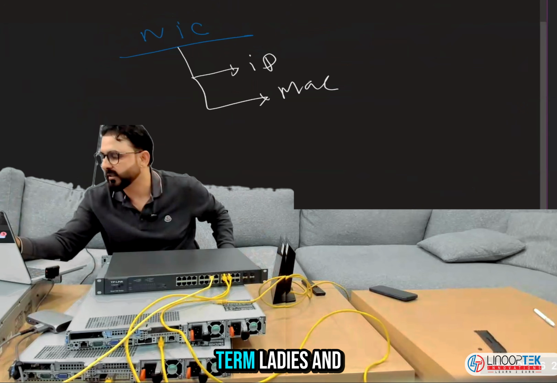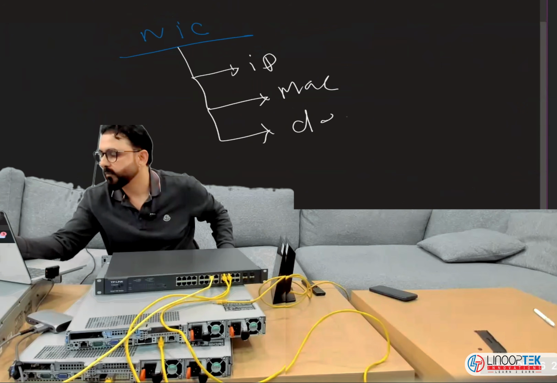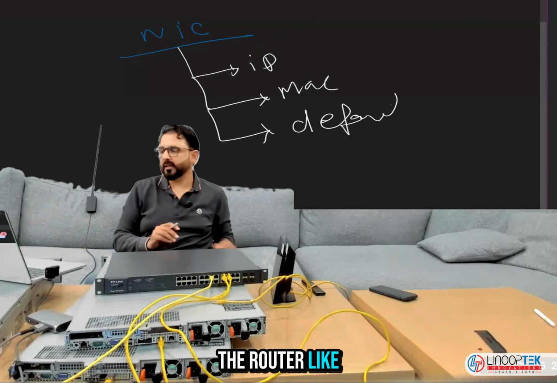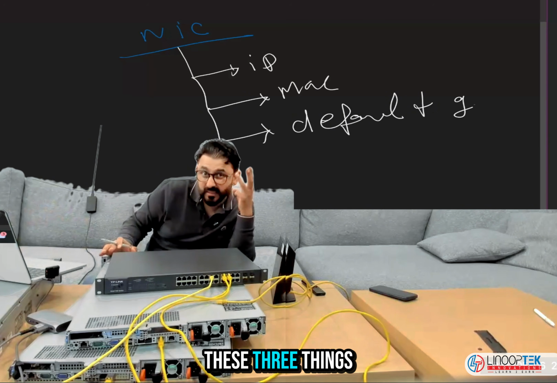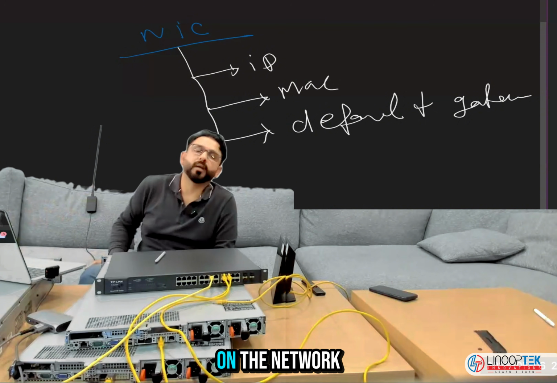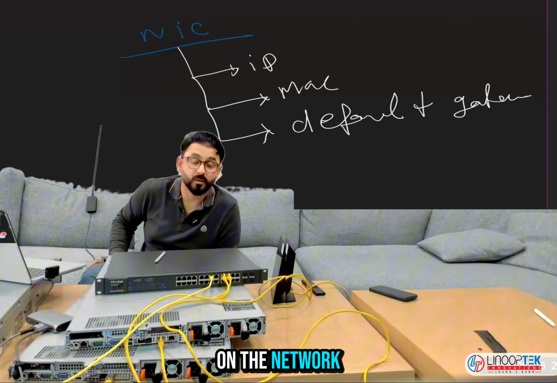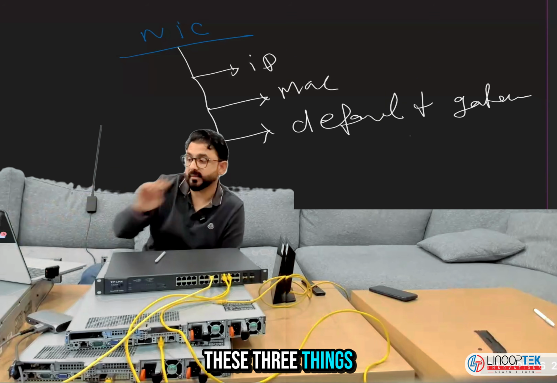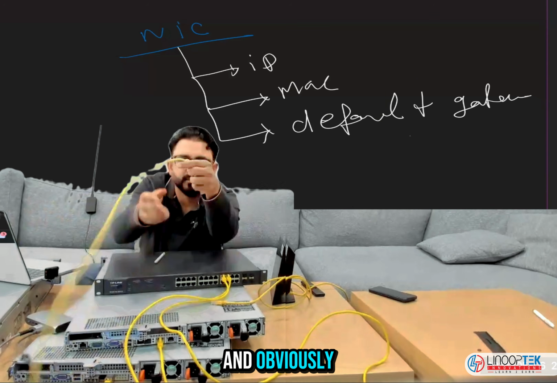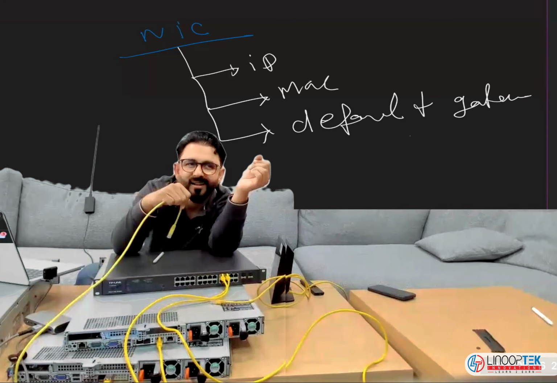That's the right term, ladies and gentlemen. Default gateway, which is basically the router IP address. If you have these three things, your machine is on the network. And obviously, the cable has to be connected to the switch and to the machine.